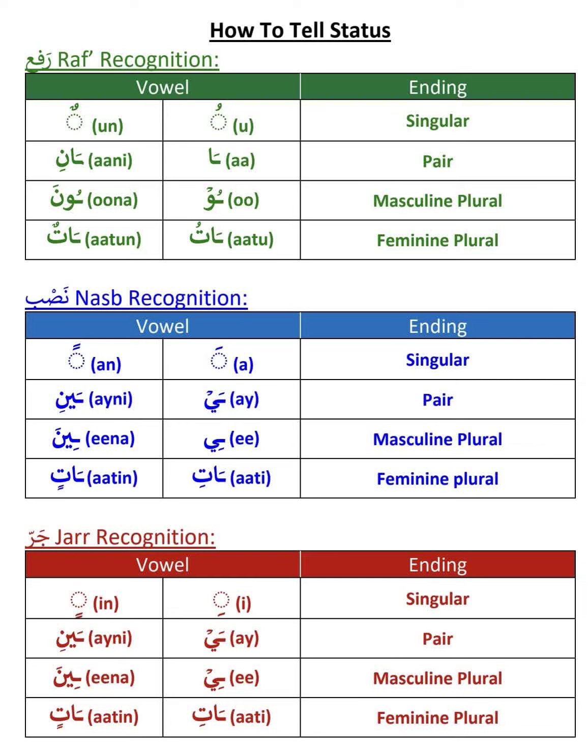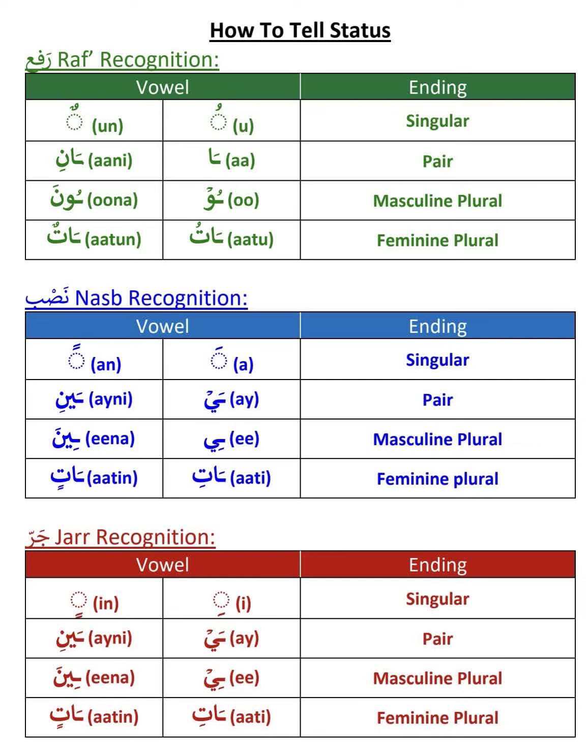Then next, if you hear the a sound or ani sound, I'll take the Muslim word and put the same sounds: Muslima or Muslimani. If you hear these two sounds, a or ani, that is also rafa.